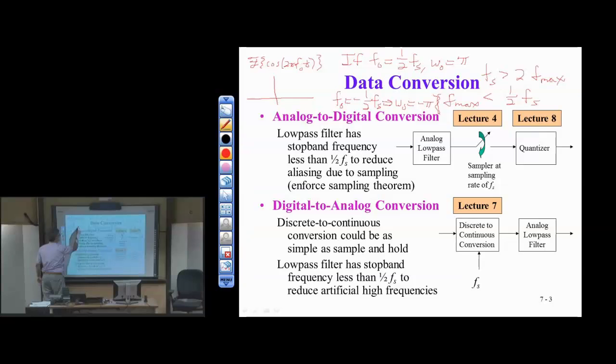This is a two-sided cosine, so I get a Dirac delta at f naught and a Dirac delta at minus f naught. So I'm going to have both positive and negative frequencies present if my signal is real valued in the time domain. And you can kind of see that if I replace f naught with minus f naught, it doesn't change the cosine. Still cosine 2 pi f naught t.